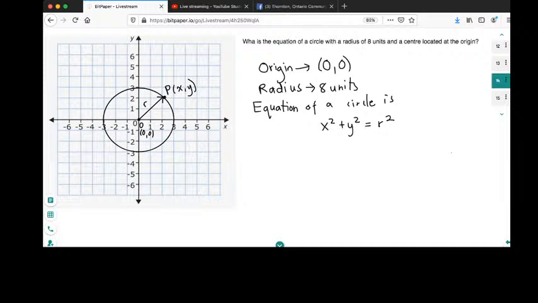So keeping this in mind, what we need to do now is plug in what we know. I know that r is 8. So this is going to look like x squared plus y squared equals 8 squared.